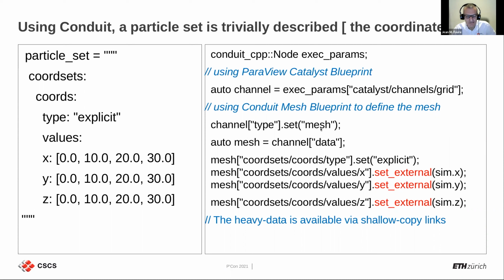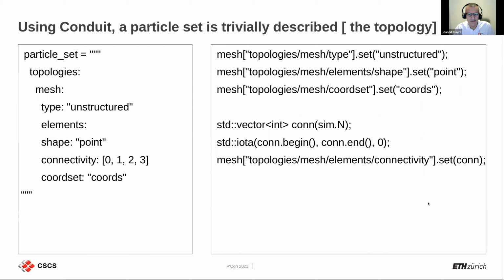The type of mesh is mesh in that case, and the data has the following coordinate set: an X, a Y, and a Z coordinate, which are shallow copies of my simulation pointers X, Y, and Z. So here I am describing the complete coordinate set of my simulation data with those 3 shallow copy links defined by the Conduit node.